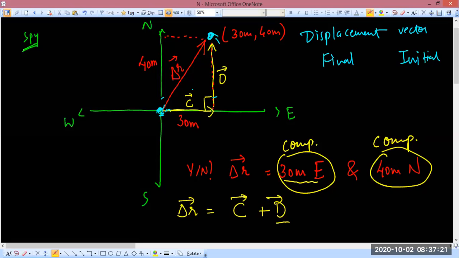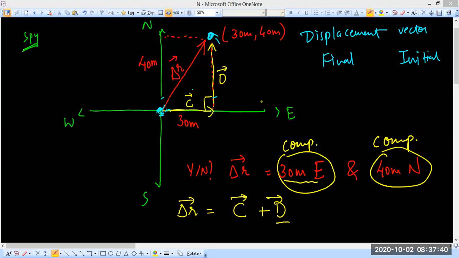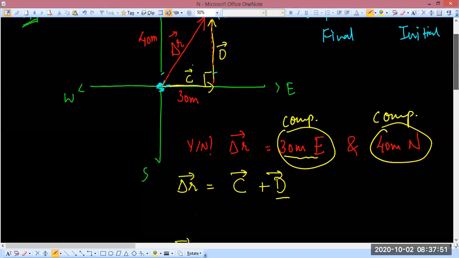Sometimes it's not even possible to decide that. So what we do is, for x-axis and y-axis, we have developed special symbols. So that's what we are going to talk about now.